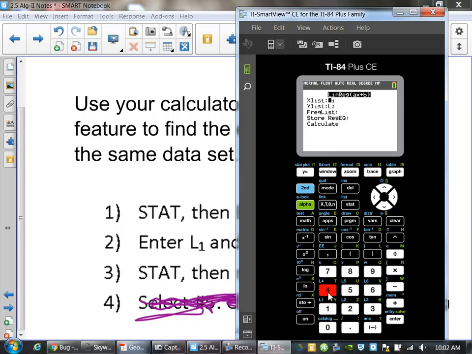So we choose option 4. There's another Lin Reg, I know, we're only worried about this one. So now, right now, they have all this in here. I think we just hit enter all the way through. Calculate.